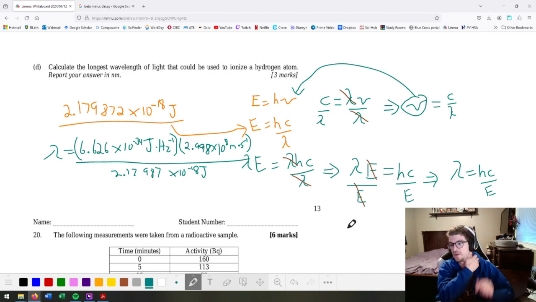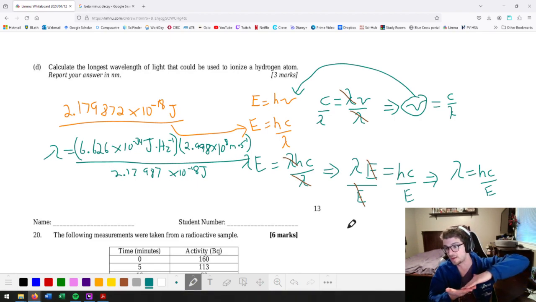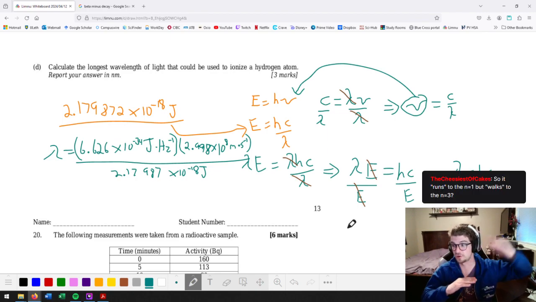So it's merely a matter of when this sample of millions and millions of these atoms are being bombarded with the light, there's only a few that are going to absorb that energy to excite the electron into n equals 3.